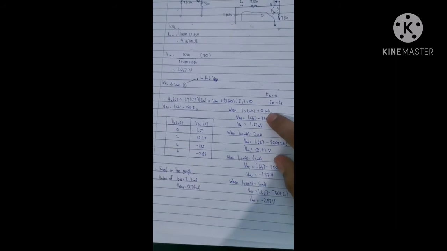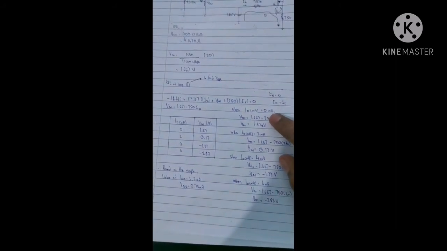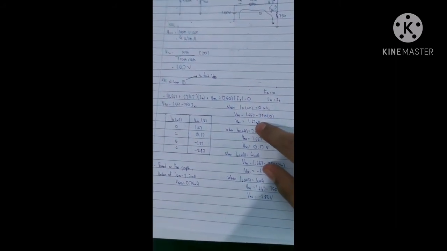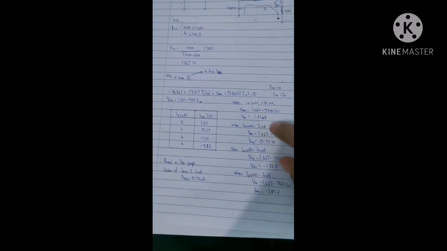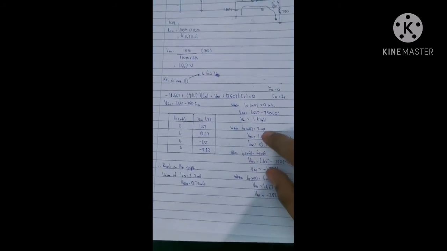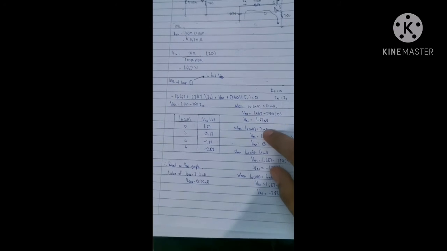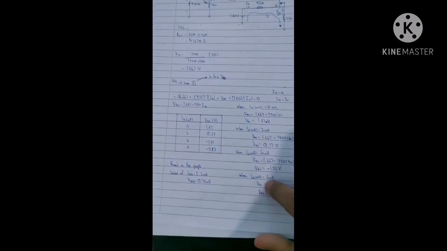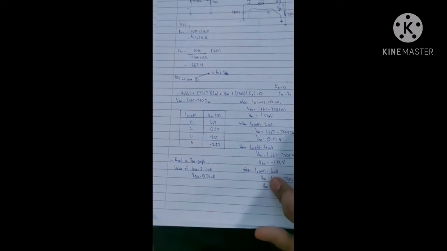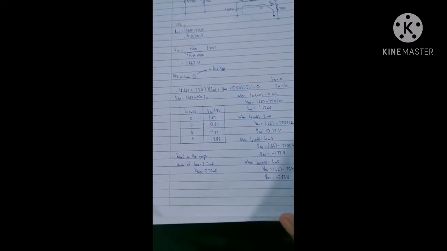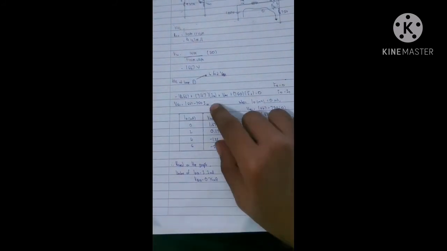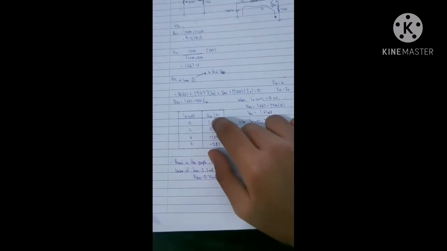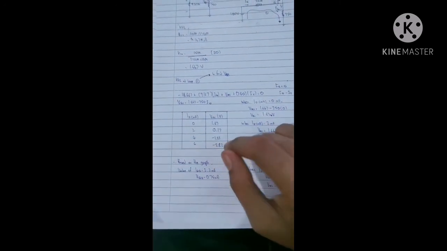When ID is equal to 0 milliampere, our VGS is 1.67, followed by ID equal to 2 milliampere, 4 milliampere, and 6 milliampere. After we obtain all of these values, we can construct our linear graph.